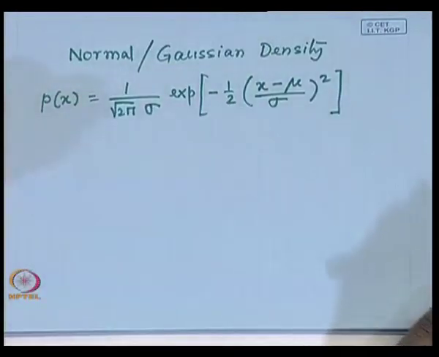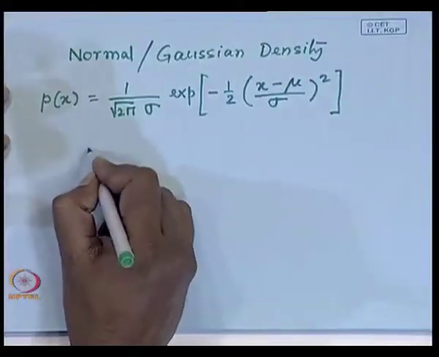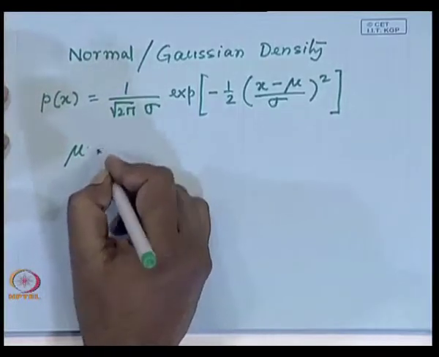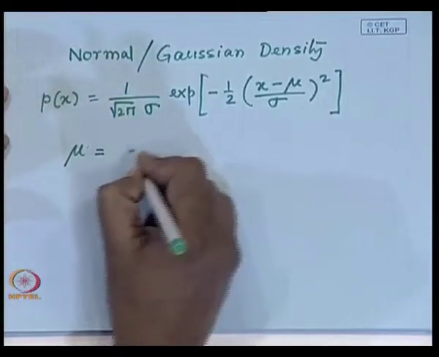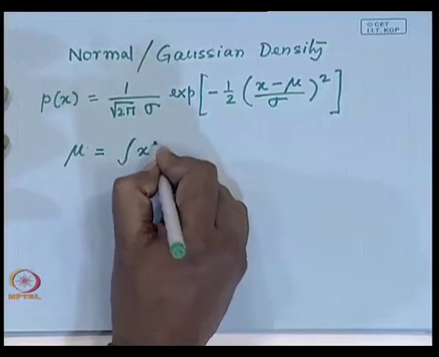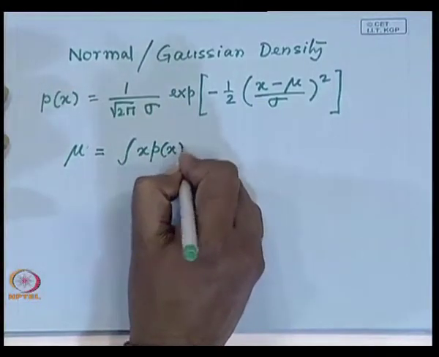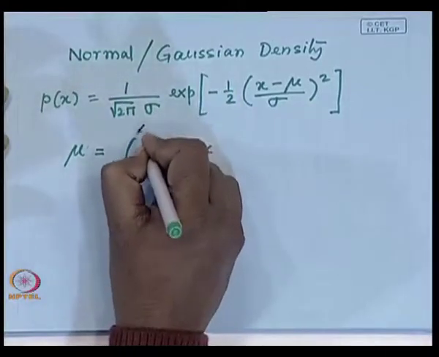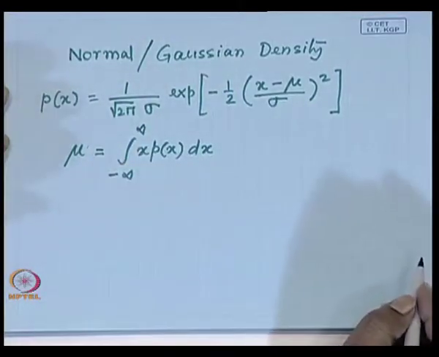So, this is the expression for normal or Gaussian density, where mu is nothing but the expected value of x or mean value of x, which is simply given as integration of x p of x dx, where the integral has to be taken over the limit minus infinity to plus infinity.